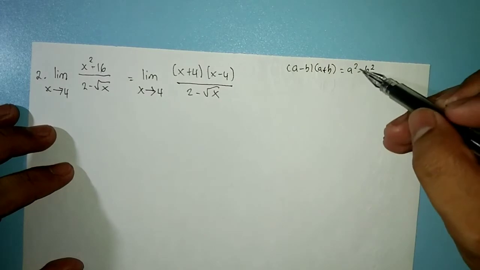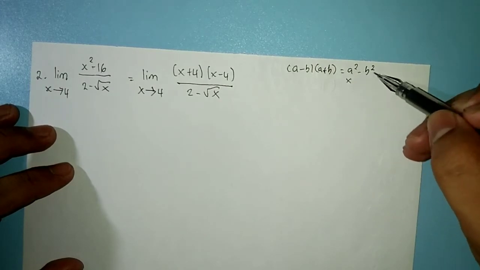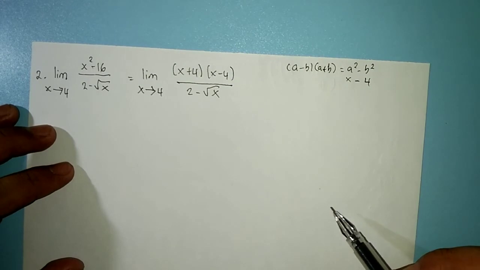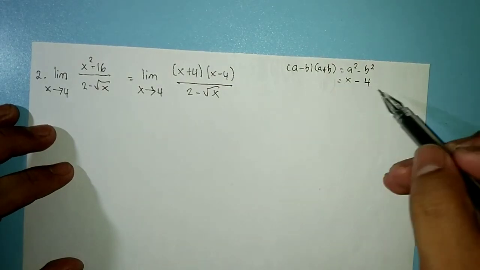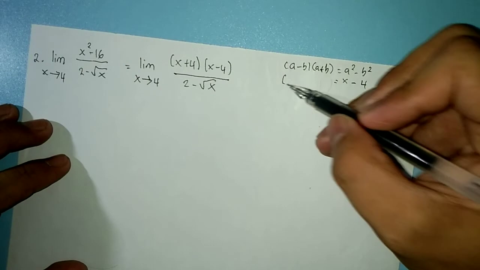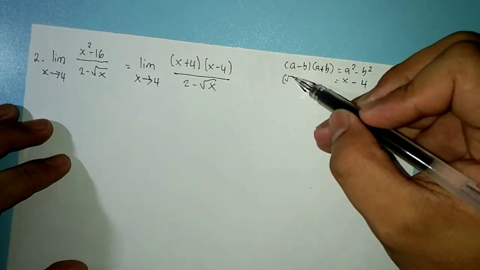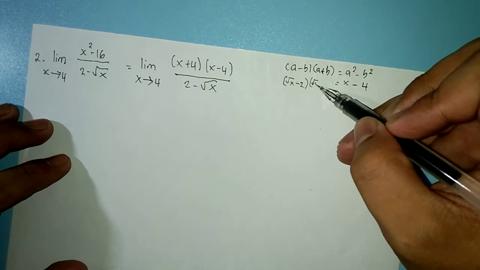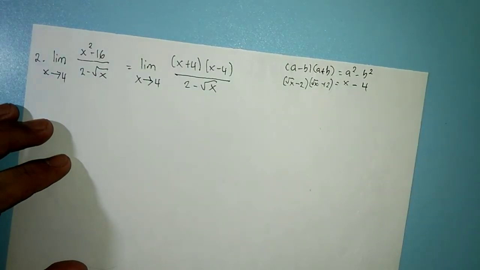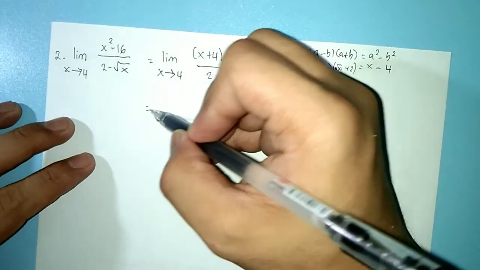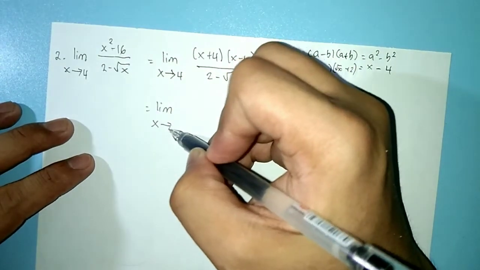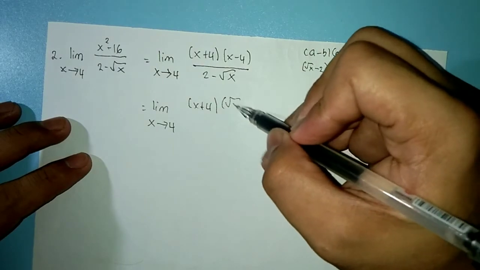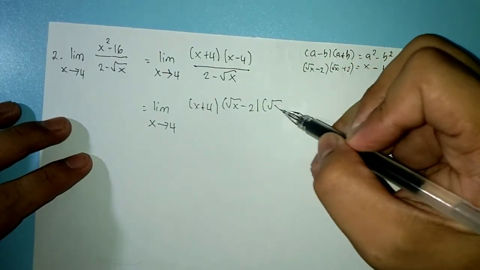So isipin nyo, yung a squared ay x, tapos minus yung b squared ay 4. Okay? So ibig sabihin, kapag i-factor natin yan, that will be square root of x minus 2, square root of x plus 2.